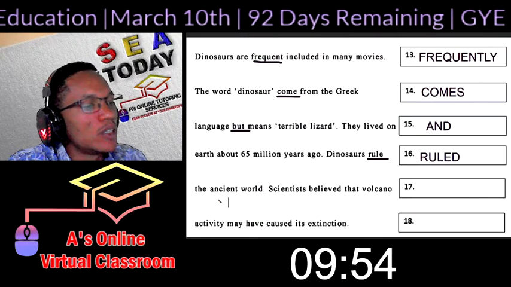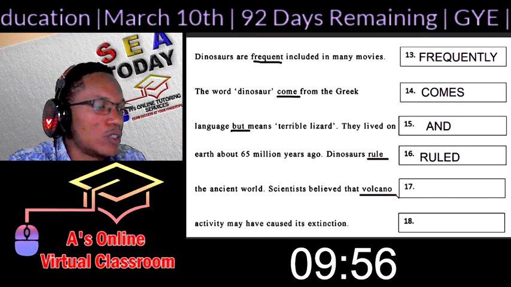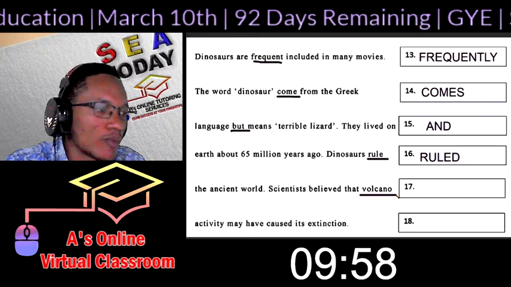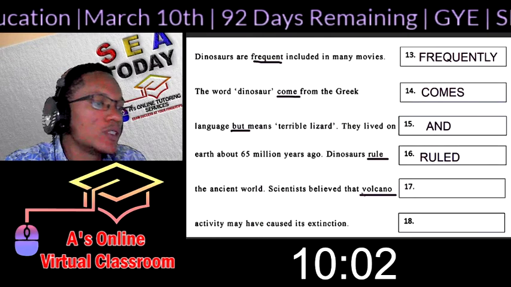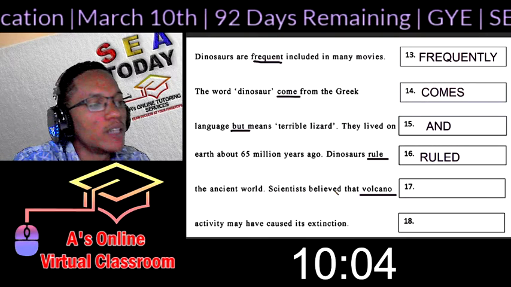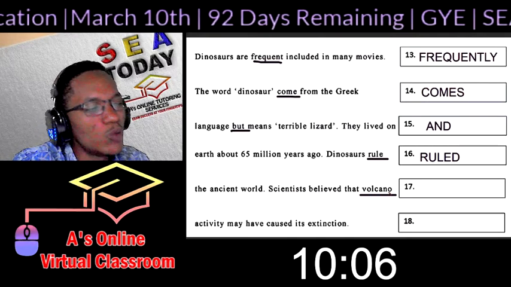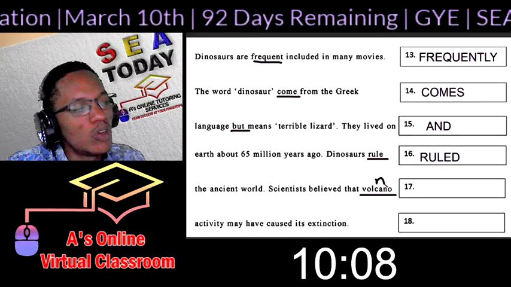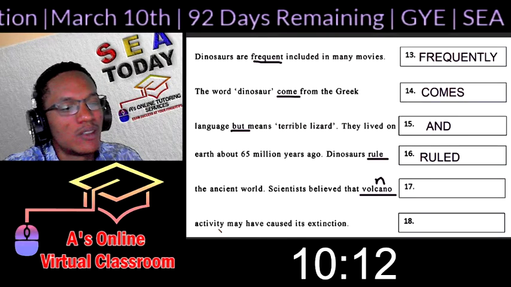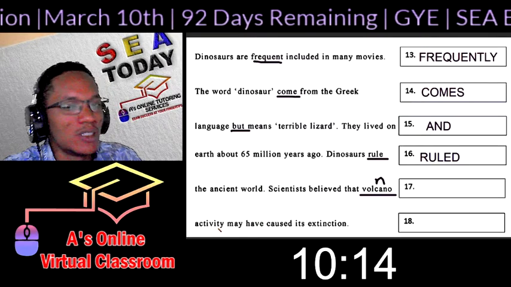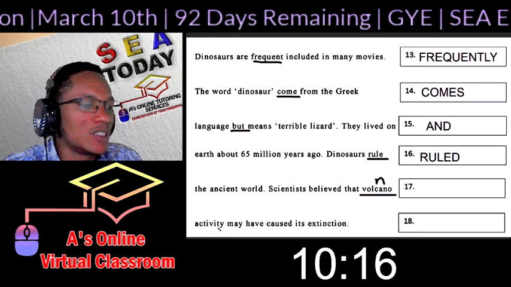Because the error in this line is actually volcano. Why? Because how the sentence is constructed, they have scientists believe that volcano, which is a noun, activity, volcano activity. Activity is a verb.